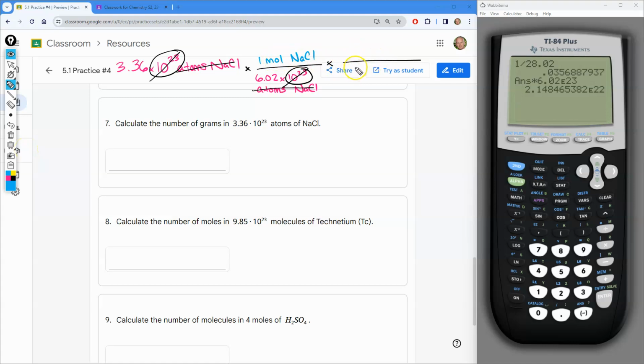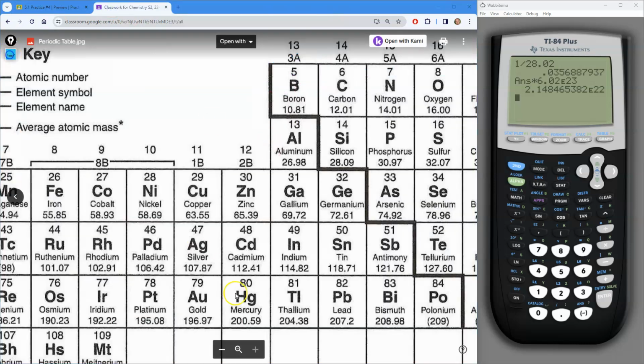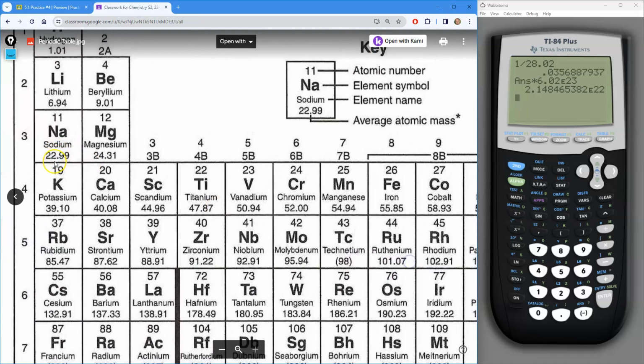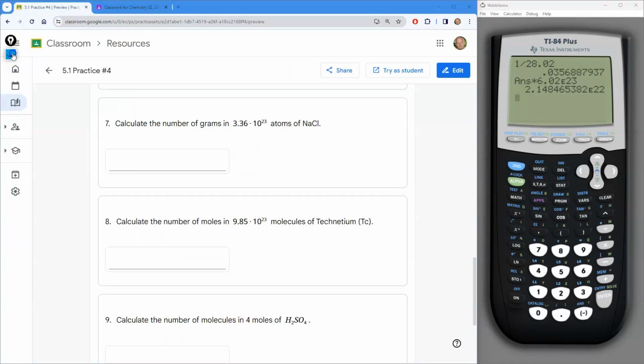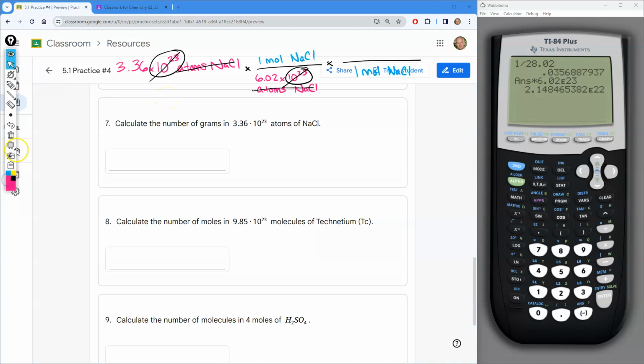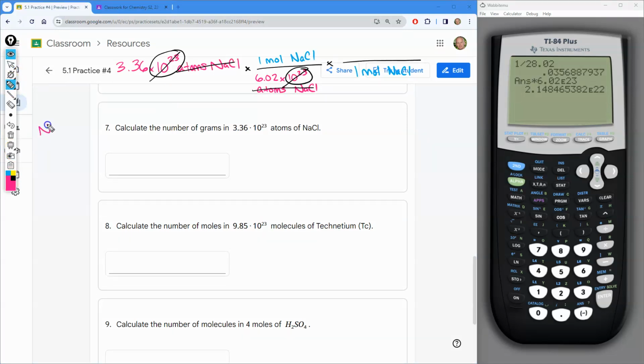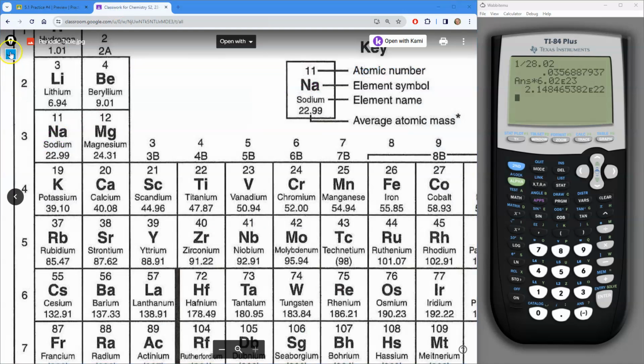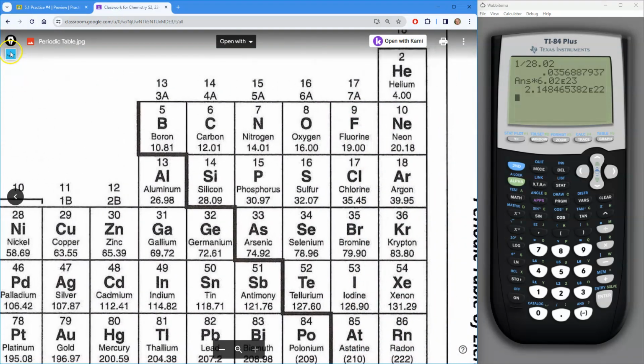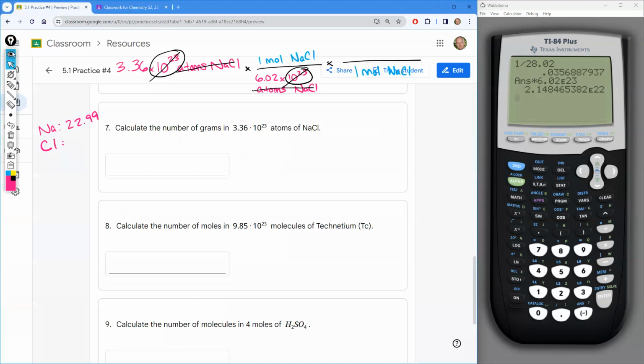So now we need to convert it to grams. So for every 1 mole of NaCl, we're going to need the molar mass here. So NaCl is, let's see, Na is 22.99. Just do a side calculation here. So Na is 22.99, and then Cl is 35.45.